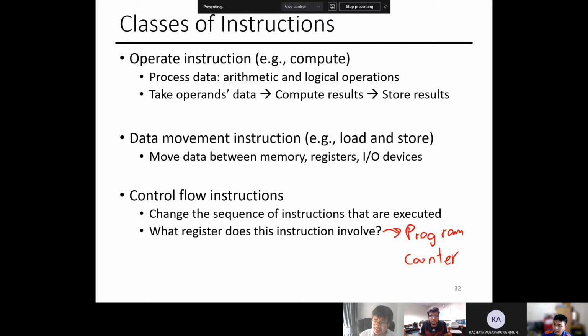But think of the program counter as a pointer, a register that points to the current line you're running. That's how you can keep track of where you are when you run the program, right? The program counter points to where you're running. So when you have a control flow instruction, you jump by changing the value of the program counter to the location you want to jump to.